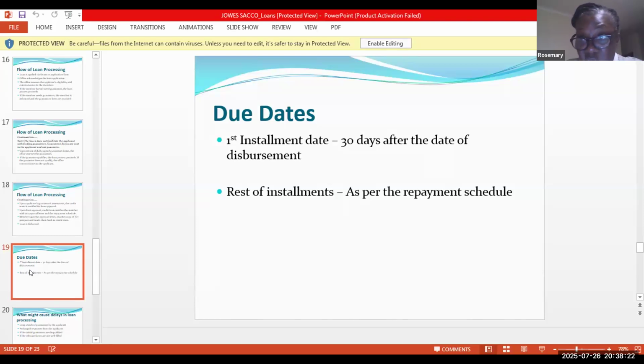Let's say I applied for the loan and the loan was given today, 26th of July. So they'll give me 30 days. So I'll start paying in August. And that day when I start paying, maybe it is 27th of August. So for the remainder, that will be my repayment date, and you'll be shown that according to the loan approval.